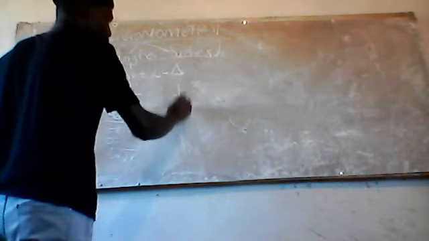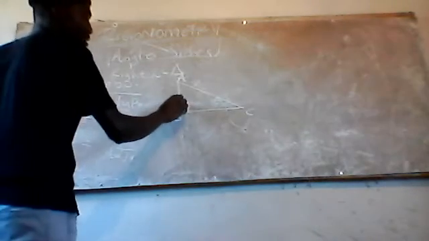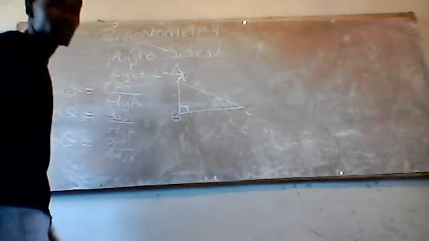I just want to make an illustration about the opposite, the adjacent and the hypotenuse side. Say for instance I had that triangle ABC. So my triangle ABC is a right angled triangle. I want you to note one thing, guys.